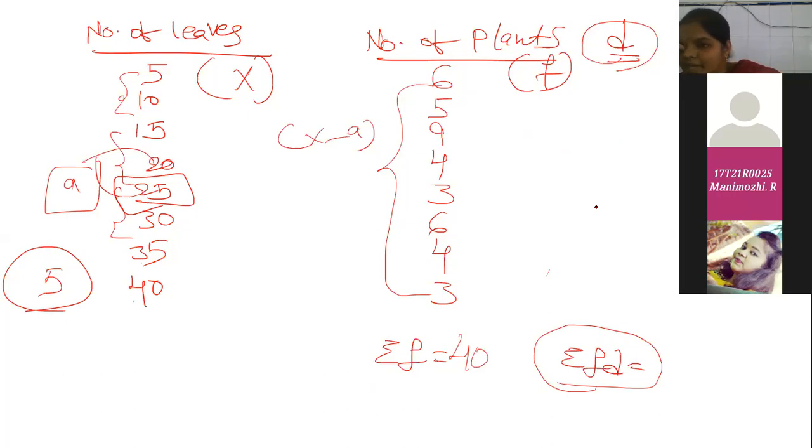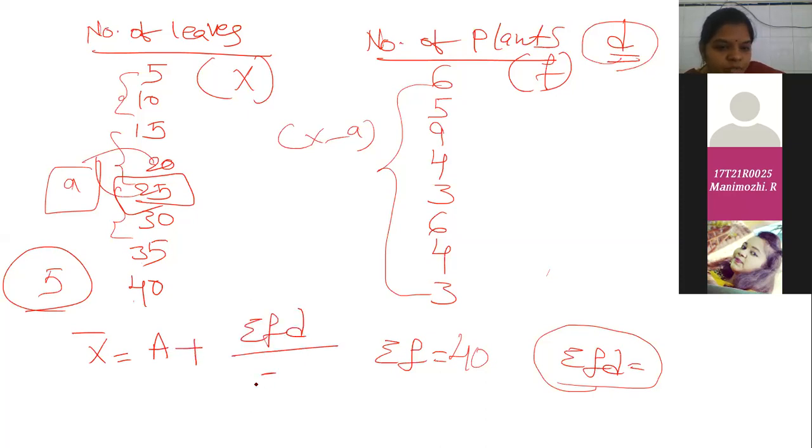Just calculate D and FD. Then I will give the formula. The formula is X bar equals A plus sigma FD by sigma F.